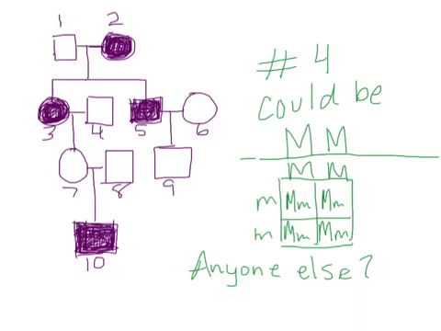If I do that Punnett square, I can see what the possible siblings are, and I see that that works out: number 7 would be a carrier, a heterozygote, so that would work out. Okay, anyone else? Might say that number 6 could maybe be a homozygous dominant as well.